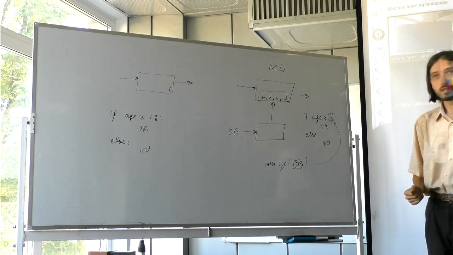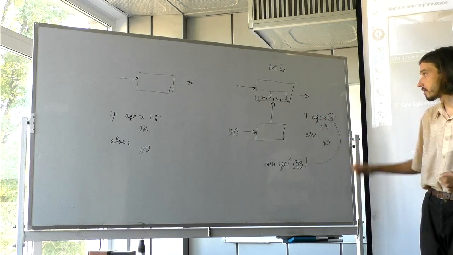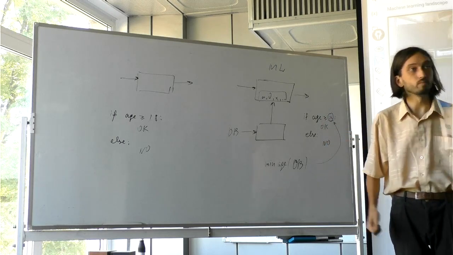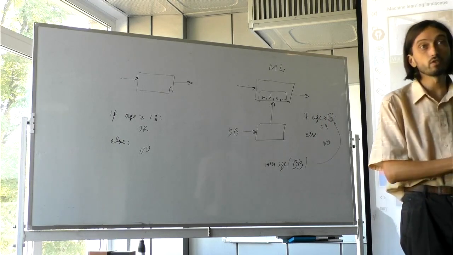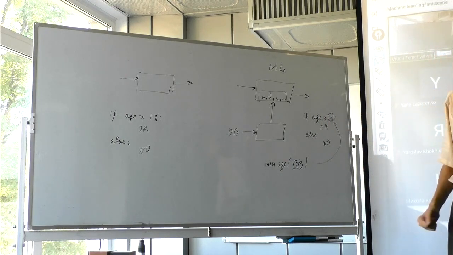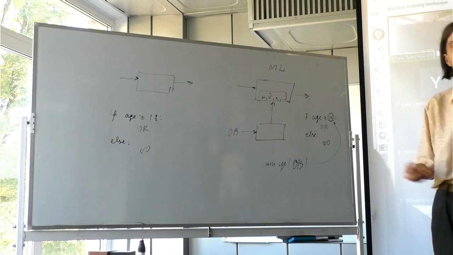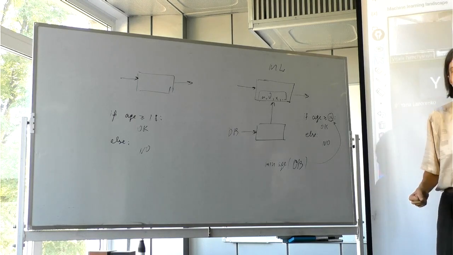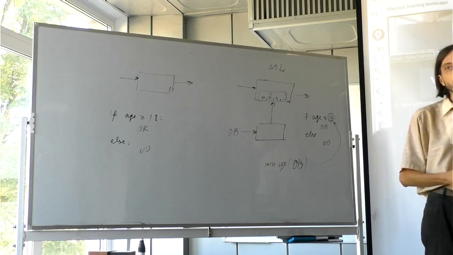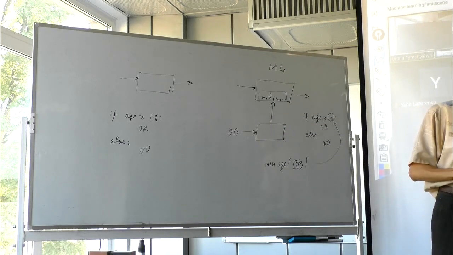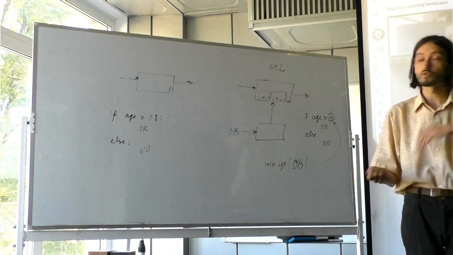And in many cases, you would like to have some programs that you don't need to modify. You can just take them, rerun them, change something in your data and get something like a brand new program that works in a very different way. So for example, if this is some sort of neural network, you can train it to recognize cats. If I want it to recognize dogs, I don't rewrite the program.